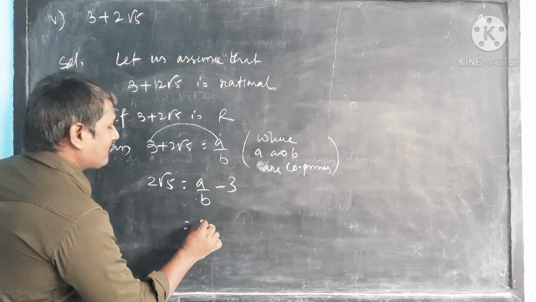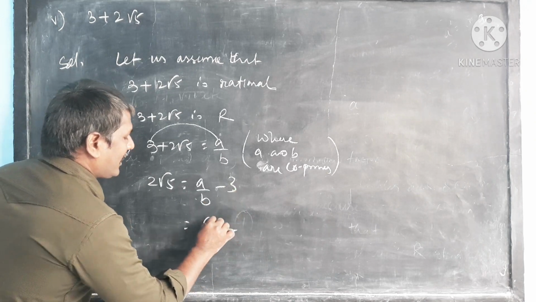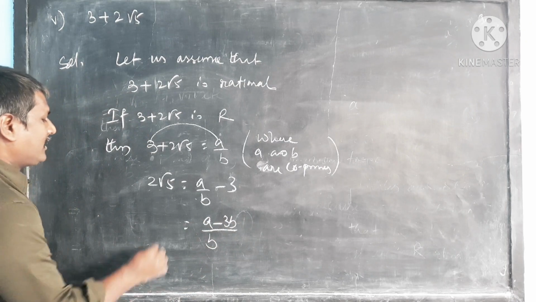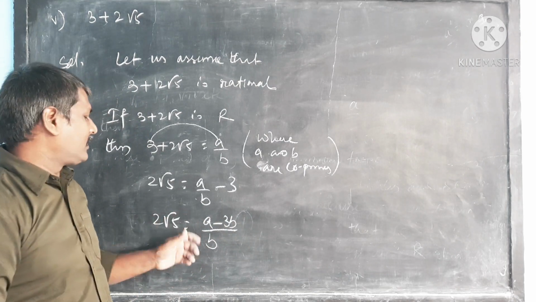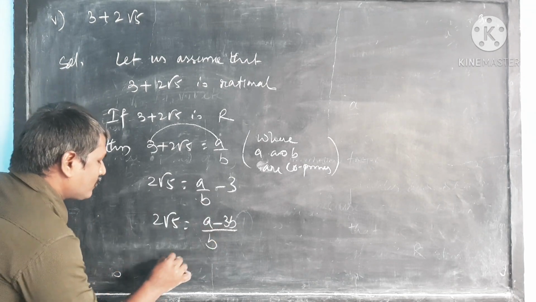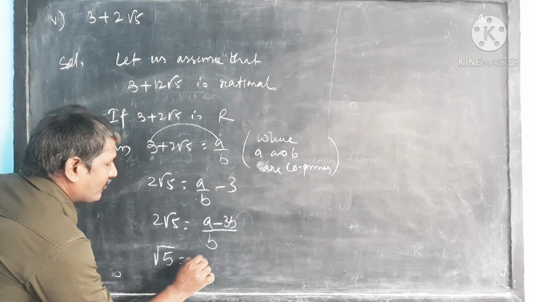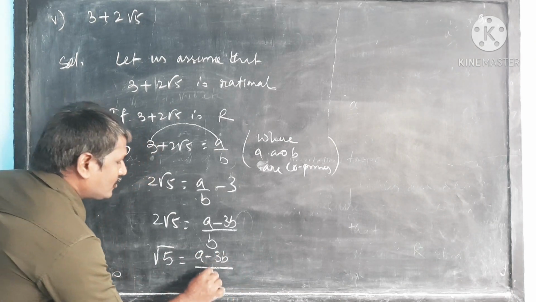Subtracting these terms, a by b minus 3 is a minus 3b by b. So 2 root 5 is equal to a minus 3b by b. Now transfer the 2 to get root 5 is equal to a minus 3b by 2b.